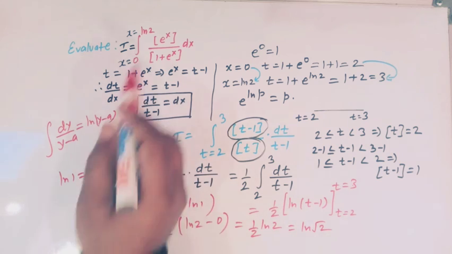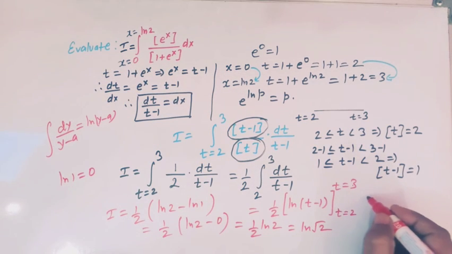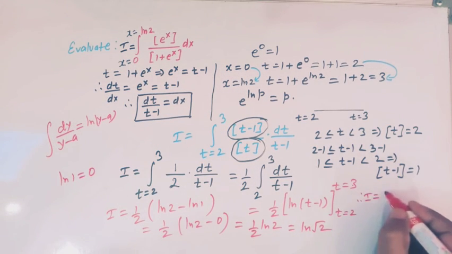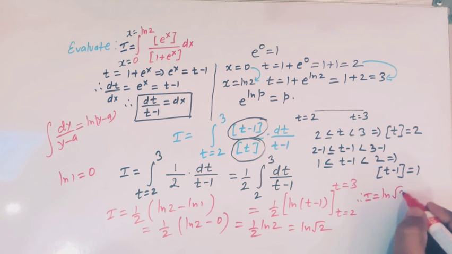So the value of this integral is log of square root of 2 to the base e. This is the final result.